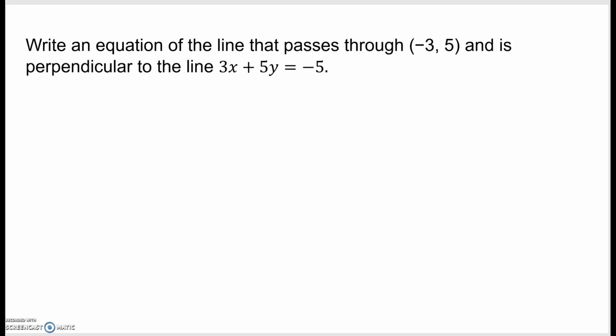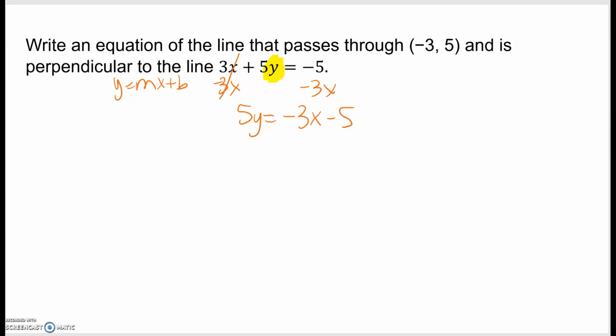So let's get this to where we have a y = mx + b equation. Think about how you would solve this to get y by itself. We're going to subtract 3x from both sides. We get 5y = -3x - 5.